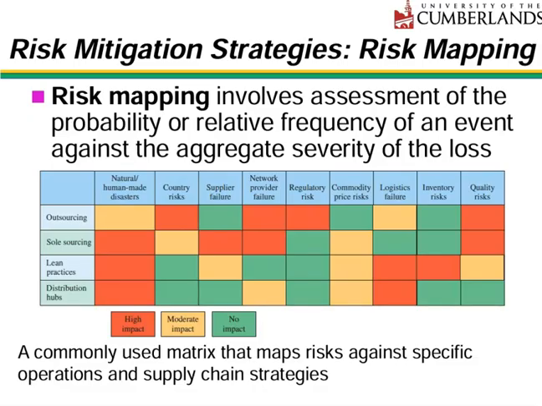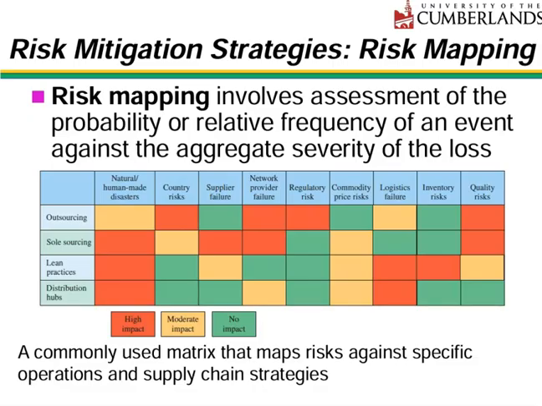So this matrix you can see now maps various risk types across the top. You can see natural disasters, country risks, supplier failure, and so on, against different operational strategies down the left side. So outsourcing, sole sourcing, lean practices, and distribution hubs.